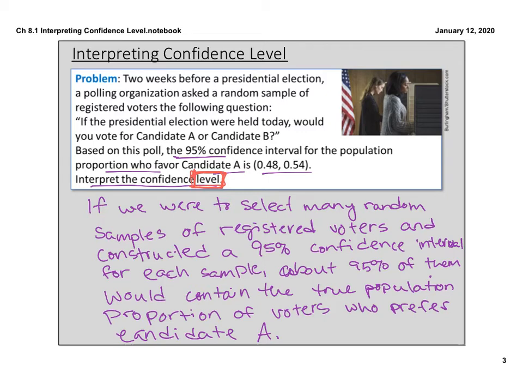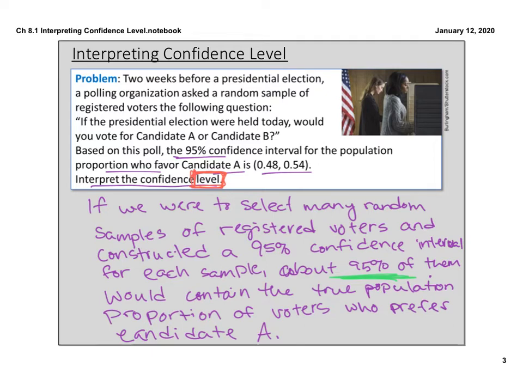Okay, so this gets into a little bit of the simulation stuff that we did back in chapter 5 and then again in chapter 6, when we talked about how if we repeat this process over and over again, if we keep pulling a sample, constructing a 95% confidence interval, pull another sample, construct a 95% confidence interval, and keep doing it over and over, we can also say that we are 95% confident that 95% of them will contain the population proportion.